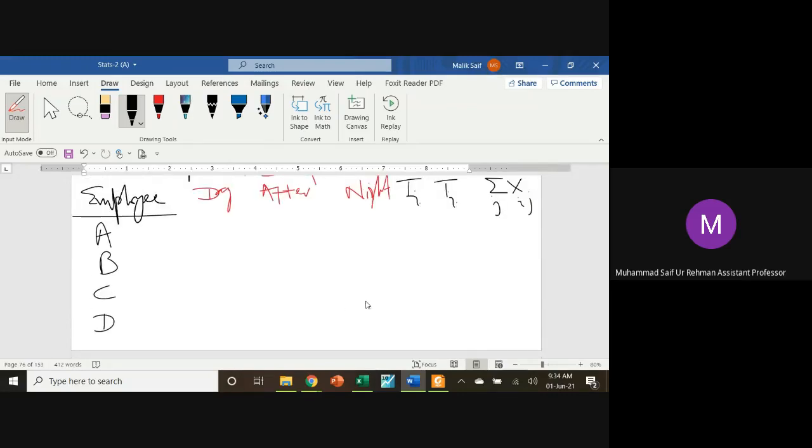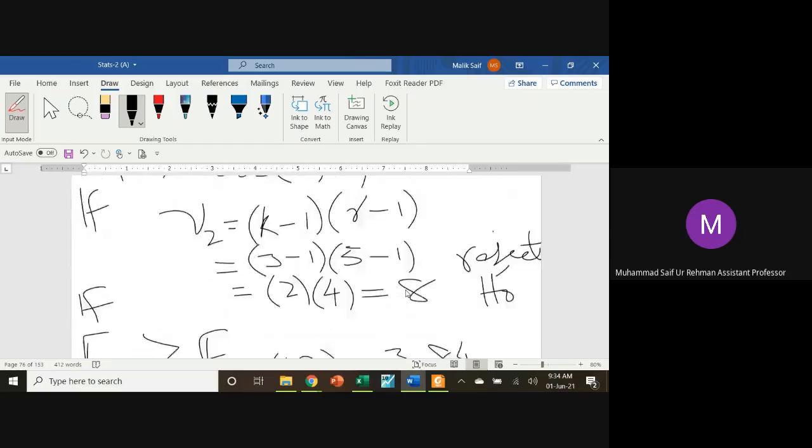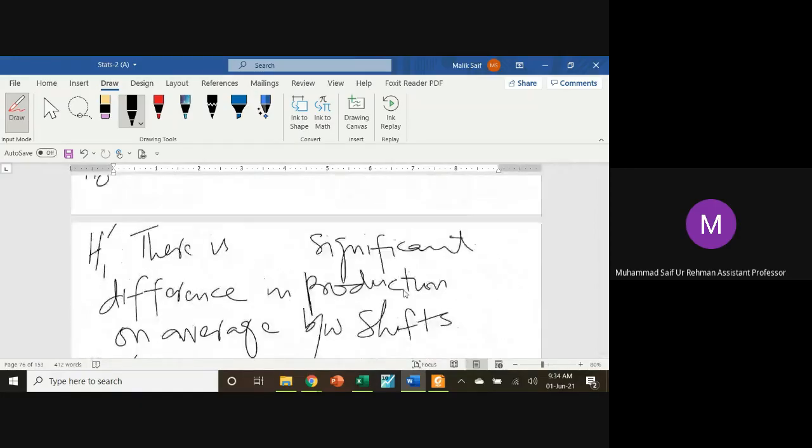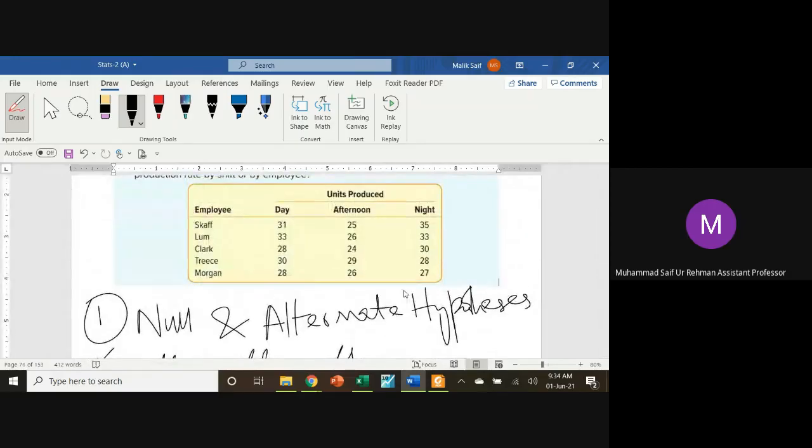Now for the day shift, let me write down the values first: 31, 33, 28, 30, and 28.